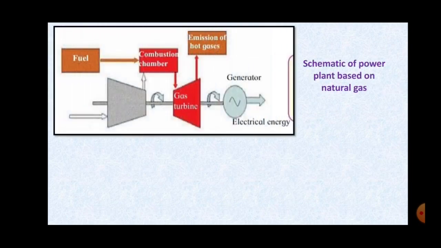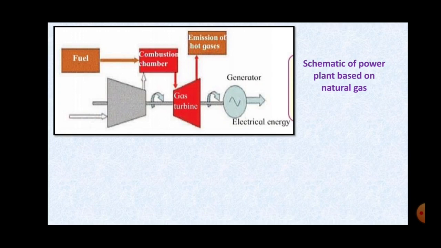Now this is the picture of schematic of power plant based on natural gas. Now here you can see the fuel first. Now fuel is what? Here the fuel is natural gas. So in the combustion chamber, the natural gas and the air are introduced, where the combustion of natural gas takes place, and the gas at a very high temperature and pressure is generated in this combustion chamber.